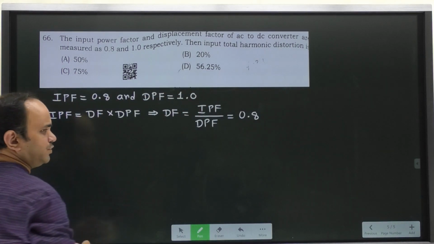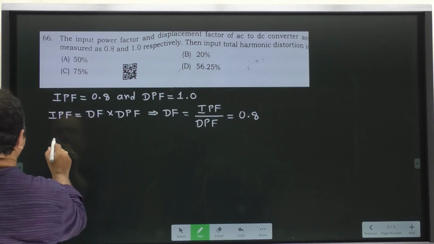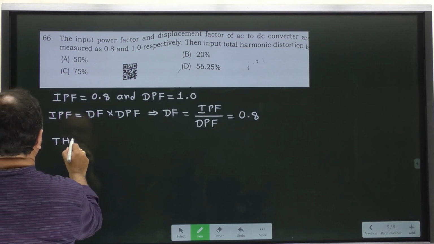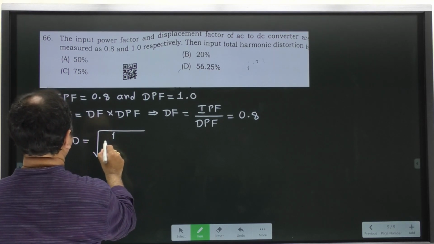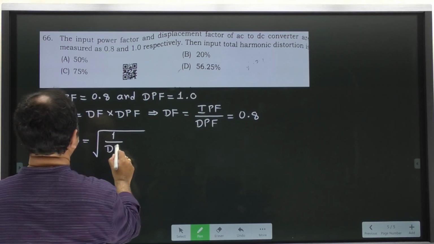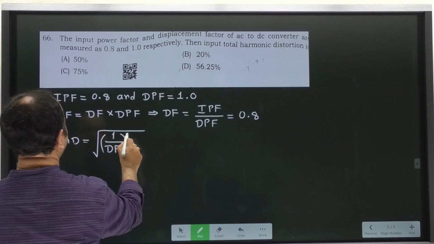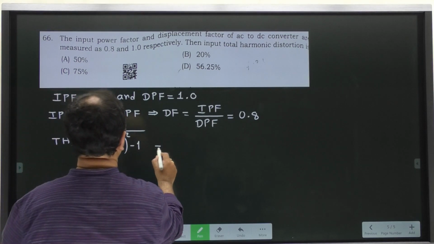Now the relation between total harmonic distortion and distortion factor is square root of (1 by distortion factor) whole square minus 1.